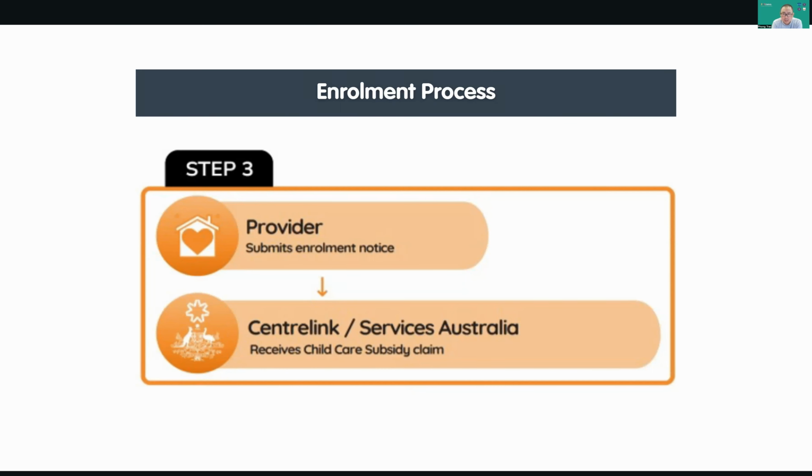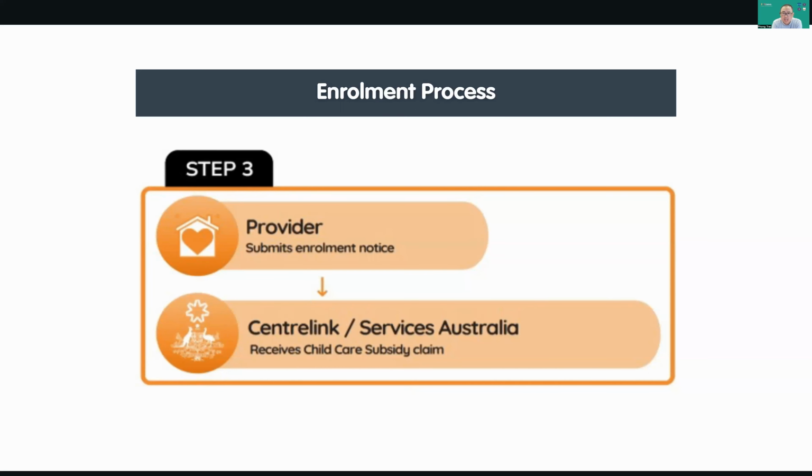As I said a couple of slides ago, one of the key things that we see a lot of is that when parents submit an enrollment form with you, or agree to attend your service, sometimes they give you the wrong primary carer that's registered with CCS. We're going to talk about enrollment statuses in a moment, but they'll go into things like pending eligibility.